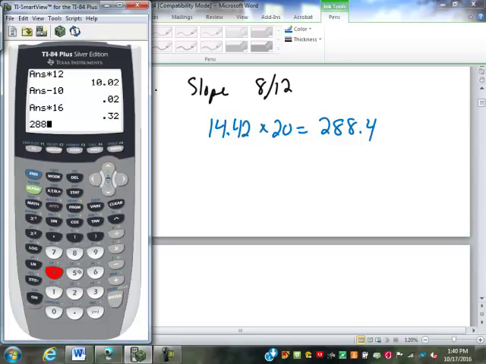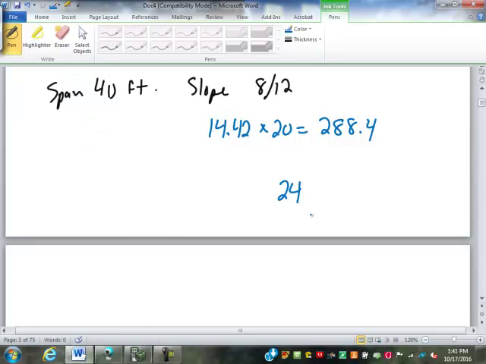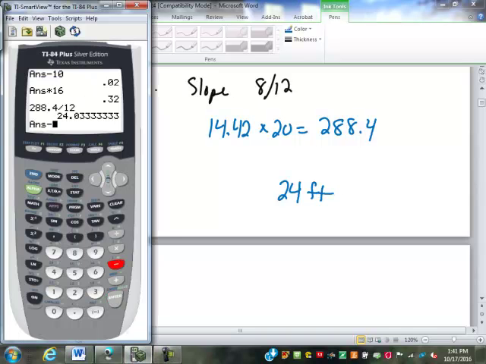So take my 288.4. I'm going to divide it by 12 to make it feet. So that's 24 feet. So I subtract the 24. Then I multiply by 12 to turn it back into inches. That's 0.4. How many whole inches is that? 0 whole inches.